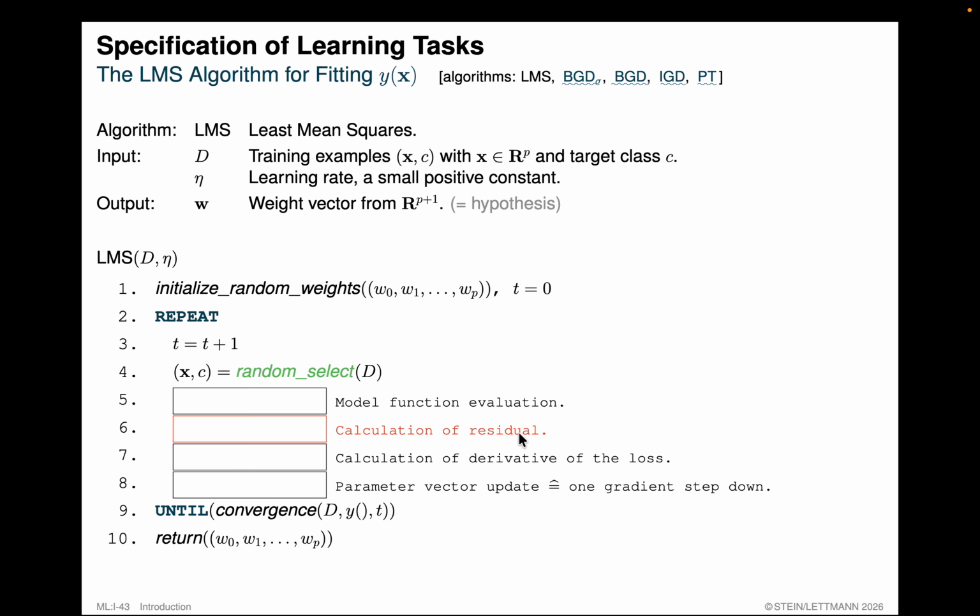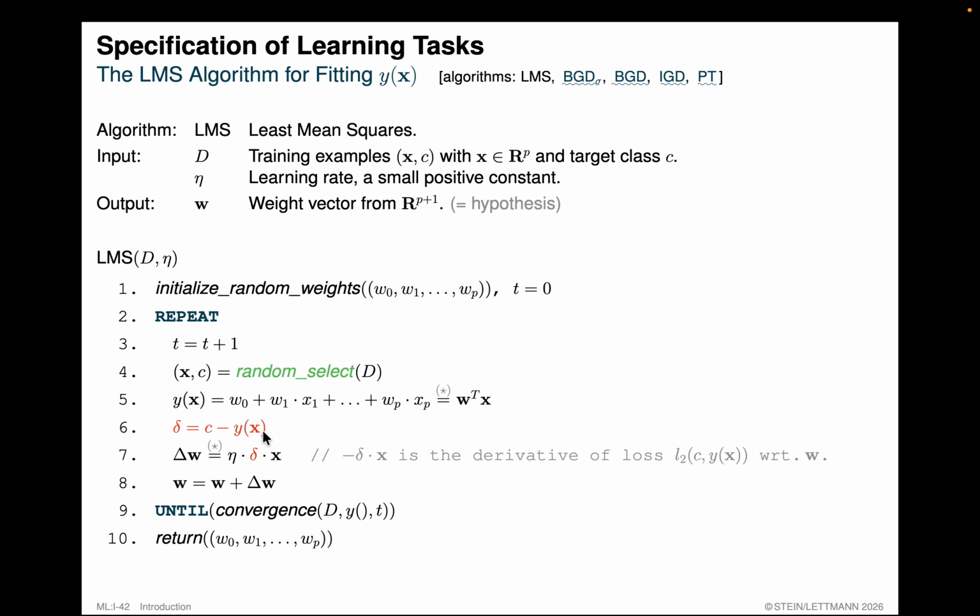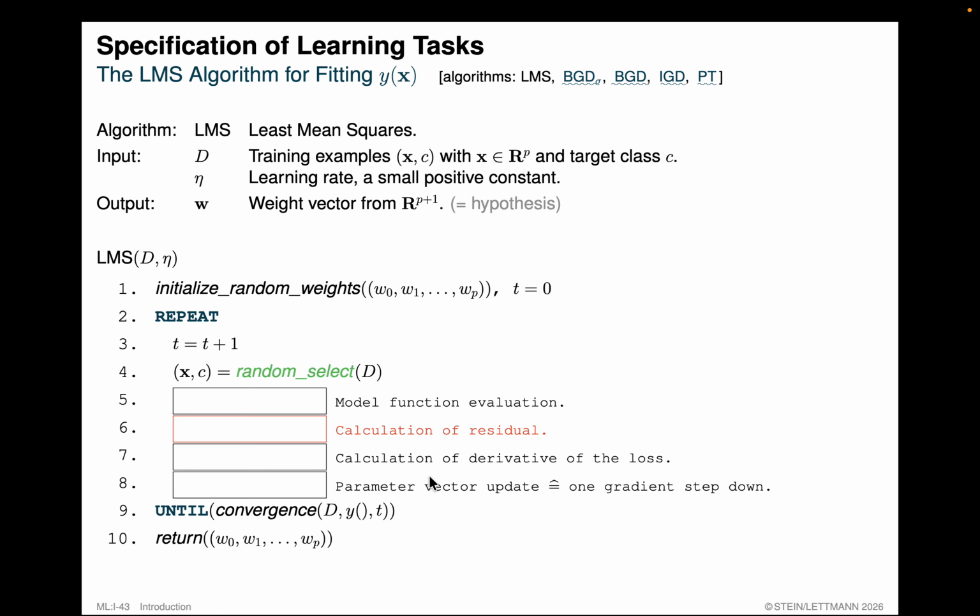We calculate the residual, the distance from the desired value C. We then calculate an update to the parameter vector of the model function, these W values, which is based on some optimization principle, and then we actually update the whole thing. That is all that happens in all algorithms. You can just click on these algorithms that we will see later in the lecture. They will all look similar and have the same steps following each other.